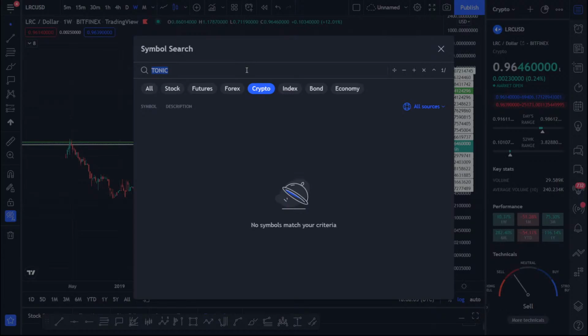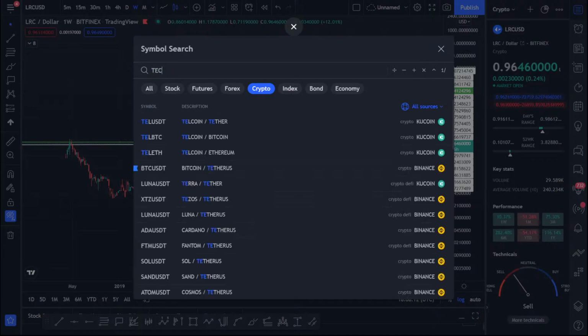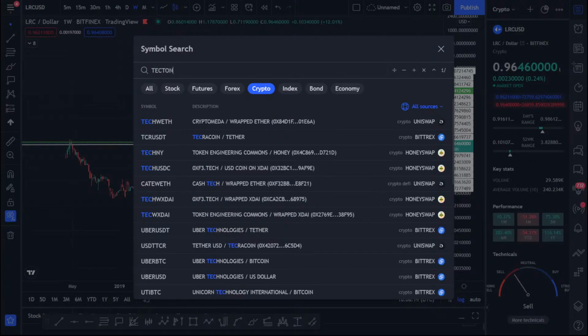TONIC. Tectonic. Sorry, bro, the symbol is not on TradingView. But overall, let me just look at it so I can tell you something about it.